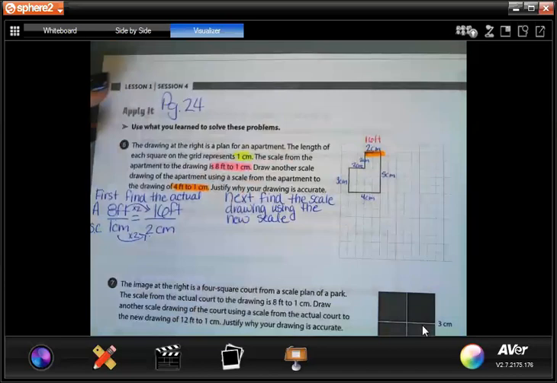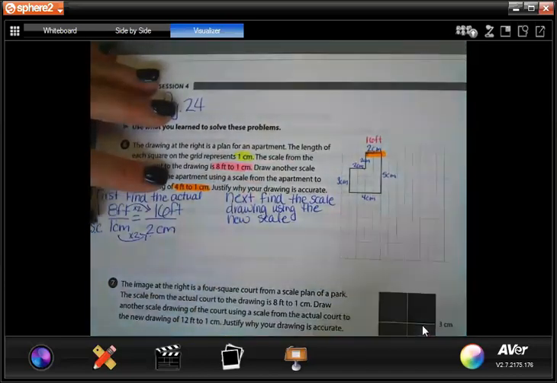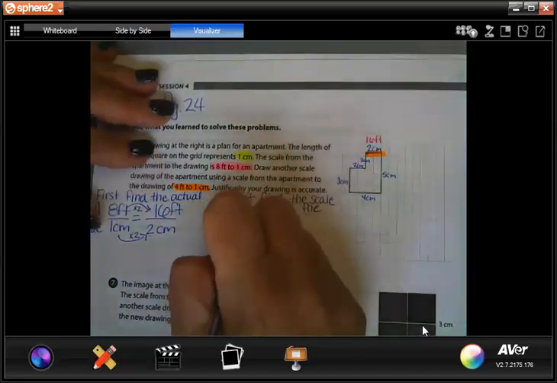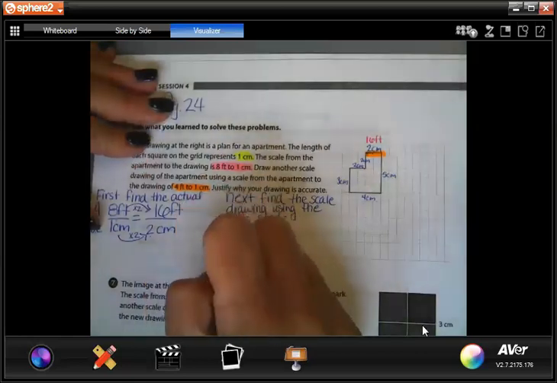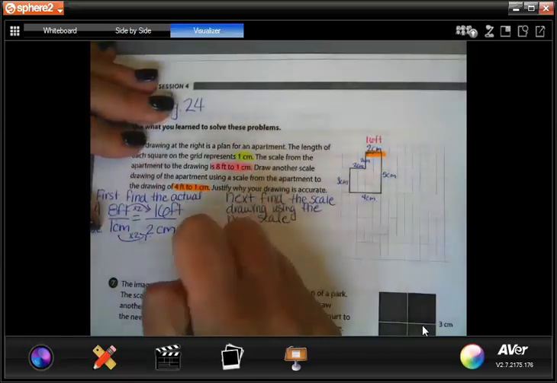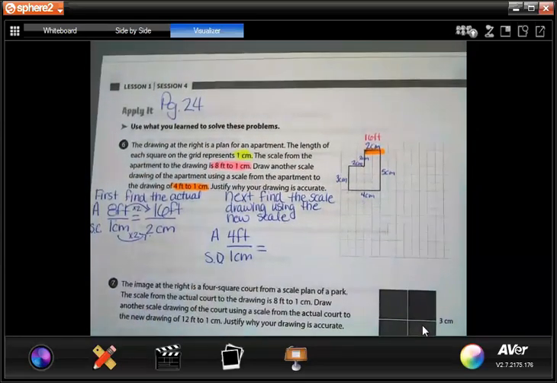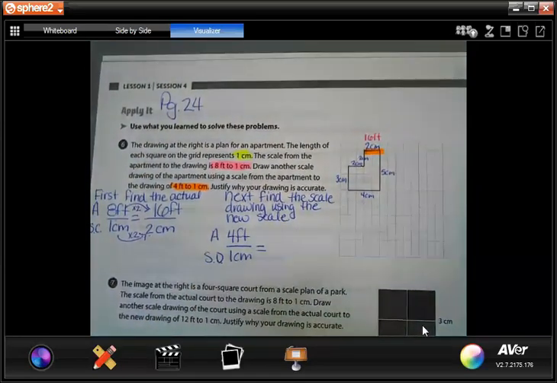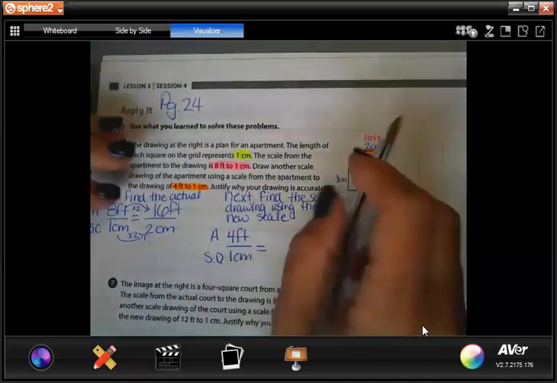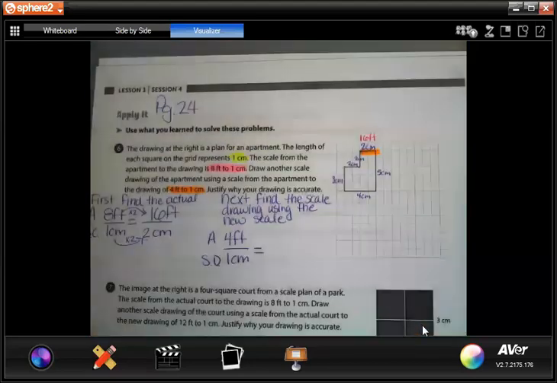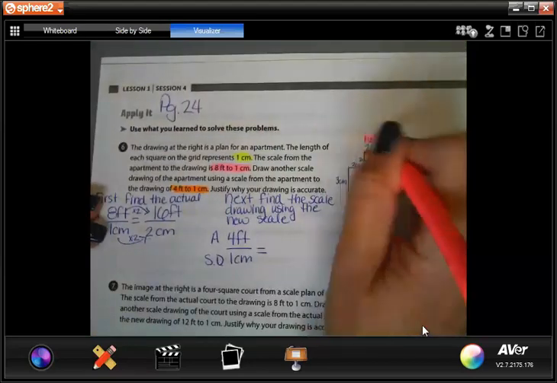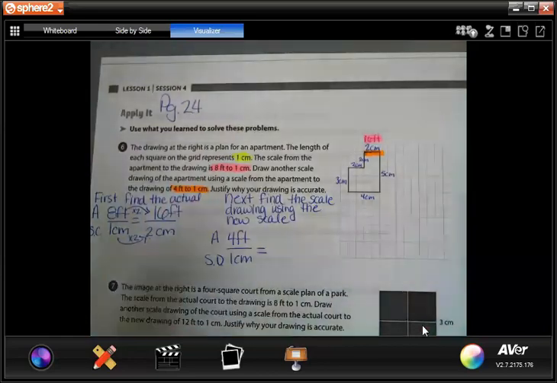Okay, so my new scale is 4 feet actual to 1 centimeter scale drawing. All right, now the only thing that's going to help me find the new scale drawing dimensions is I have to use this piece of information, the actual length of that.